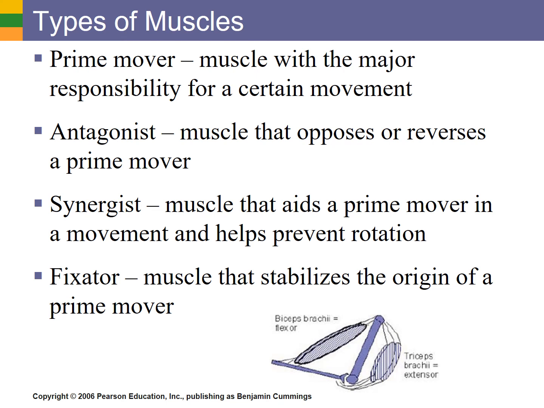A specific type of synergist is a fixator. Some muscles fix one joint so it doesn't move at the same time that another joint moves, and that's a fixator. It's a special type of synergist. It aids the prime mover, but it aids the prime mover in holding the origin in place.